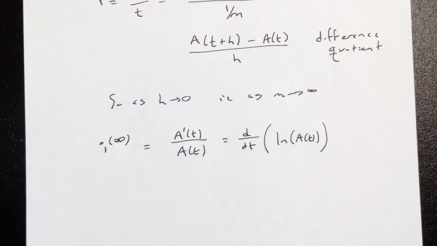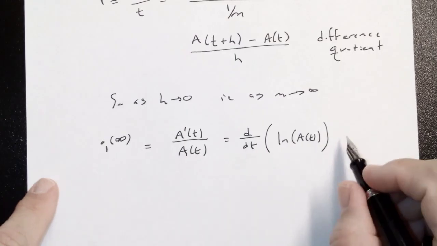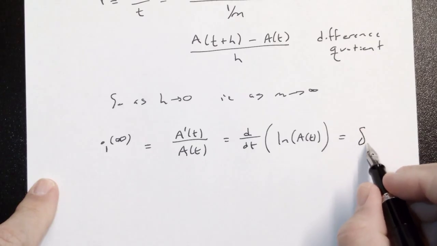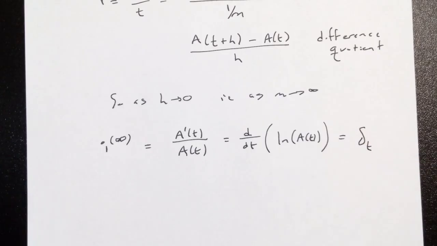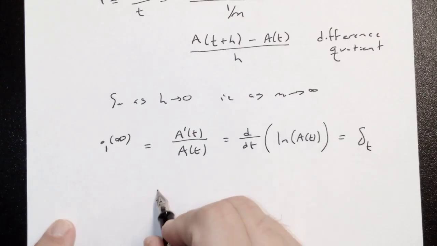For some reason, actuaries don't want to use this i-infinity notation. They tend to call this delta of t. Notice that is a lowercase delta. That's the instantaneous rate of interest per dollar of investment. And it's called the force of interest.